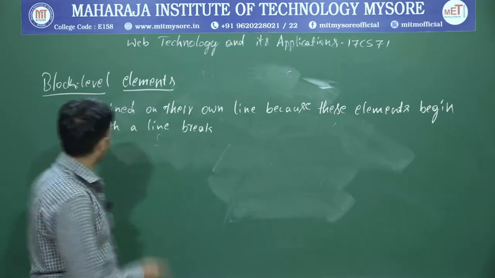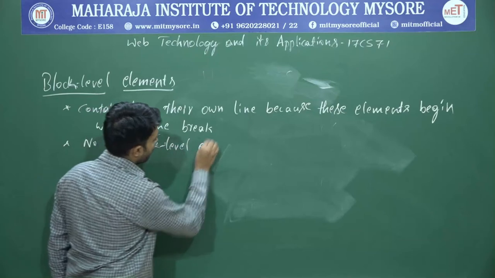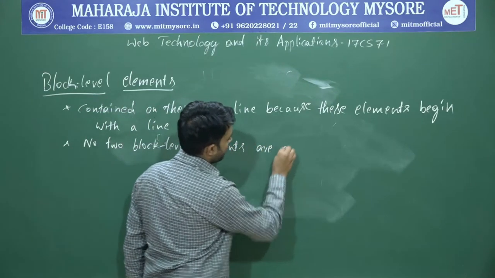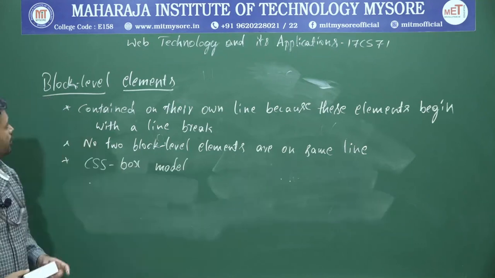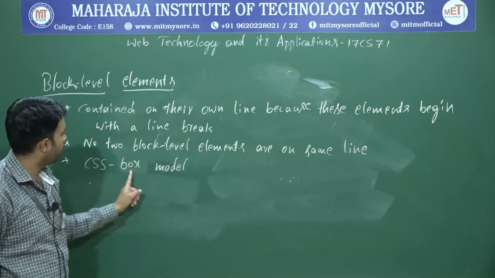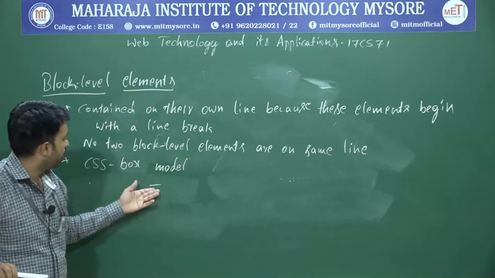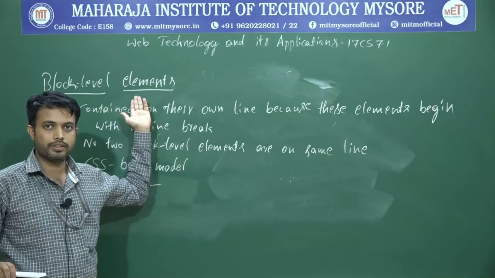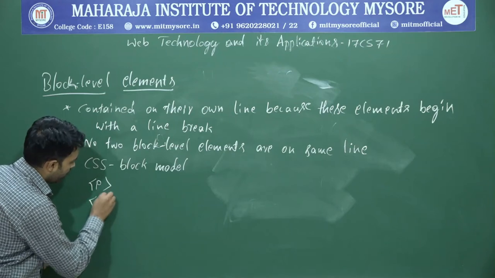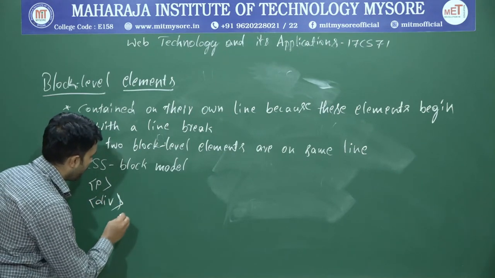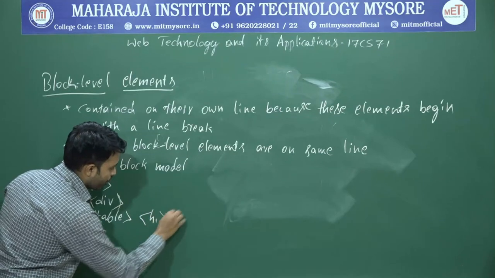So no two block level elements are on the same line, and again it will follow the normal flow. These block level elements support the CSS box model, and with that we can use properties like background, padding, spacing and so on. Examples are the P paragraph tag, the div tag, the division tag, the table, and the H tags, H1, H2, H3.